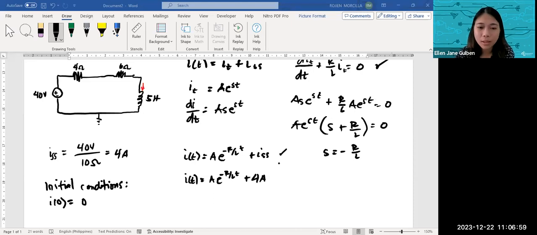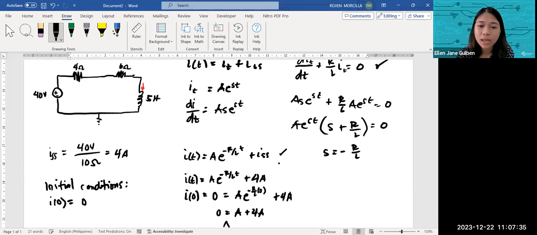Okay, now, next step is, I at 0 time is equal to 0. You have A e to the negative R over L at 0 plus 4 amps. So 0 is equal to A plus 4 amps.